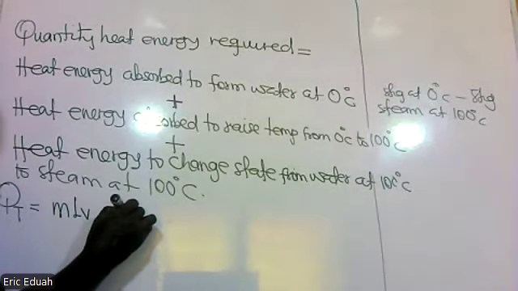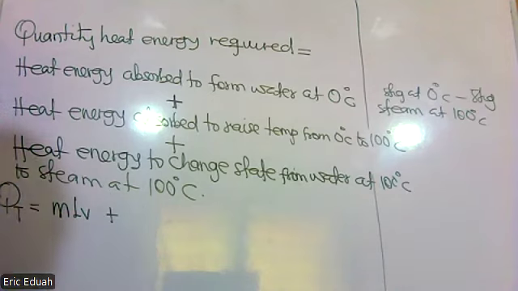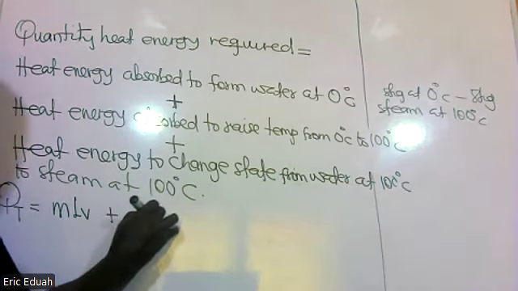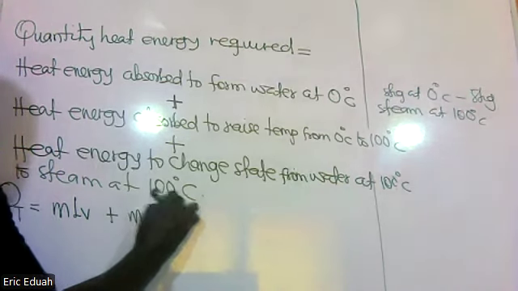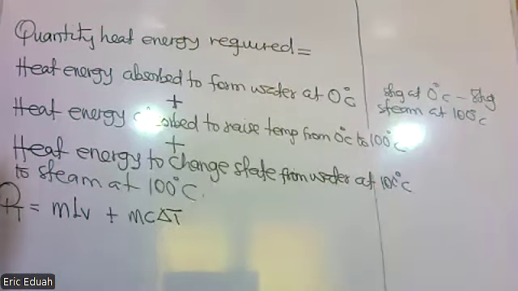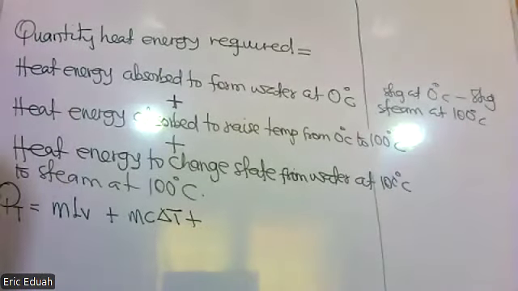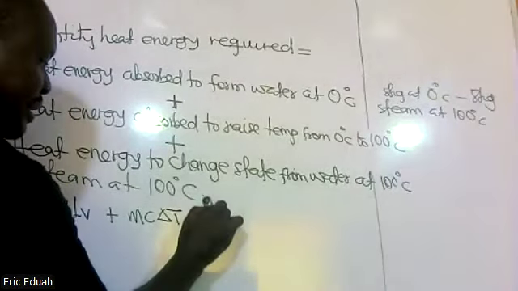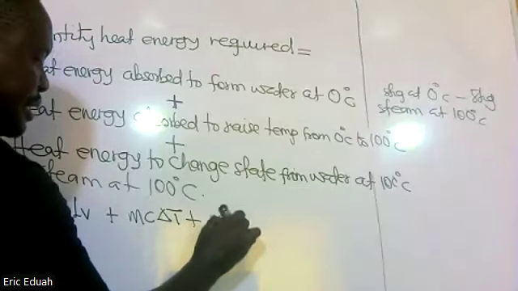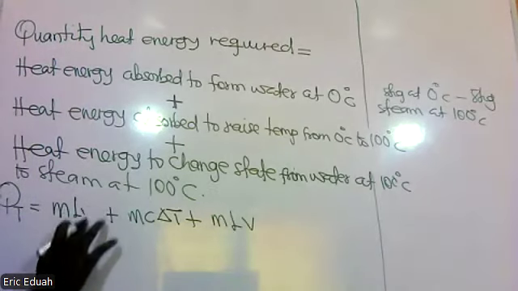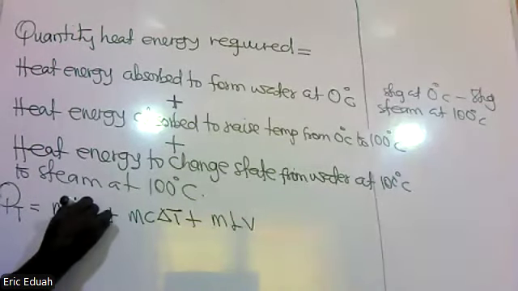So this can be calculated by any change in temperature. Sensible heat is determined by M C delta T. Then the final process is also change of state, M LV.